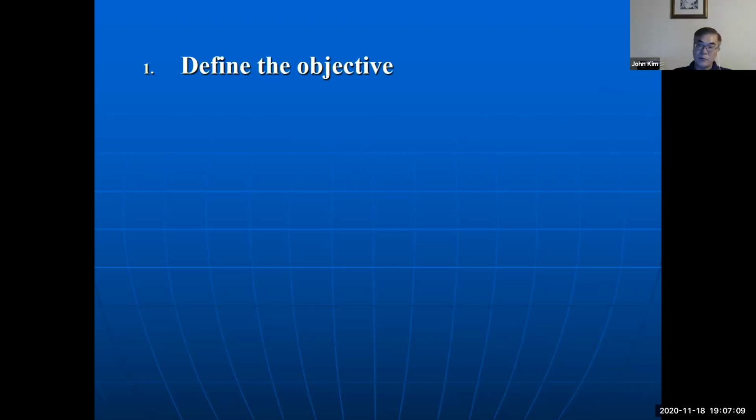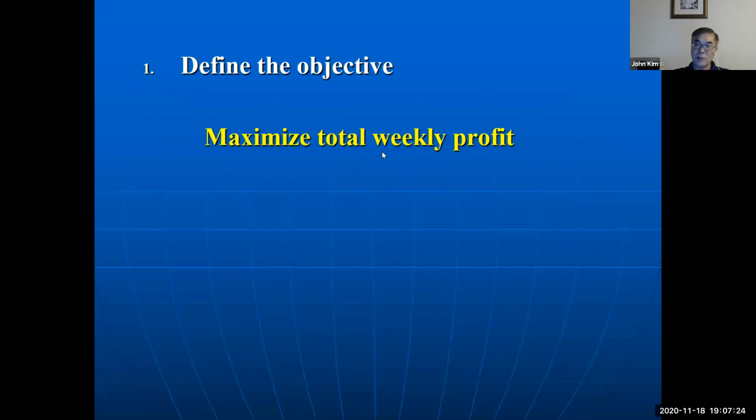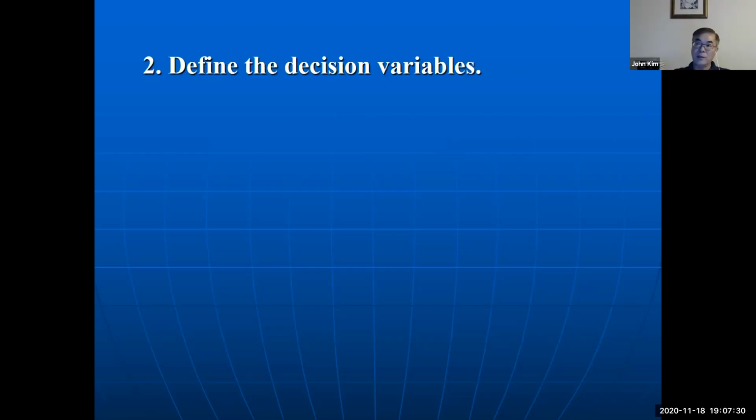So it's like a step to develop this linear programming formulation. First, we need the objective function. So the objective is the profit. From this profit, we know it is a maximization problem. So maximize total weekly profit. That is the objective. And then define the decision variables.